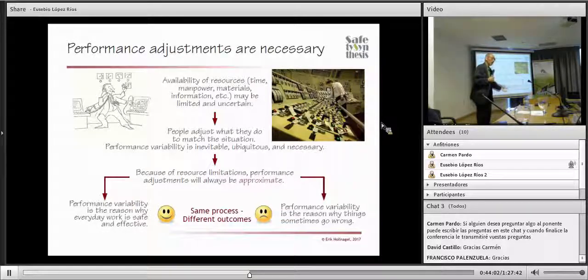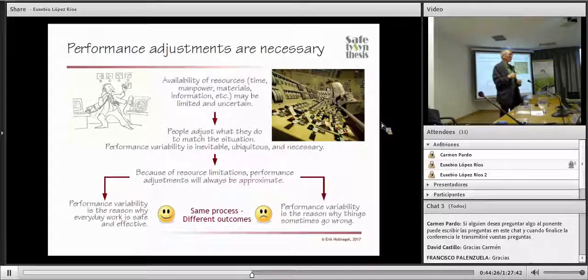I could speak faster, but I'll try not to do that. But all the time we adjust, and it's natural, and we do it very effectively. And when we study work, we understand that this is why we have successful outcomes. We have successful outcomes because we're able to adjust what we do to the situation.